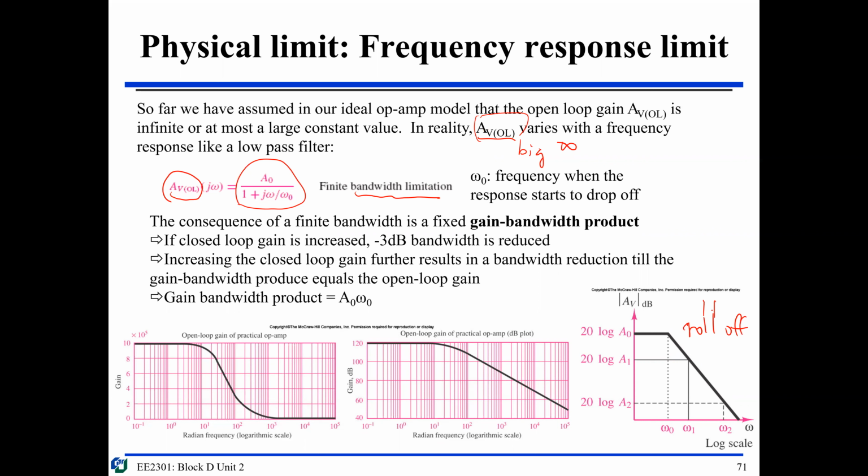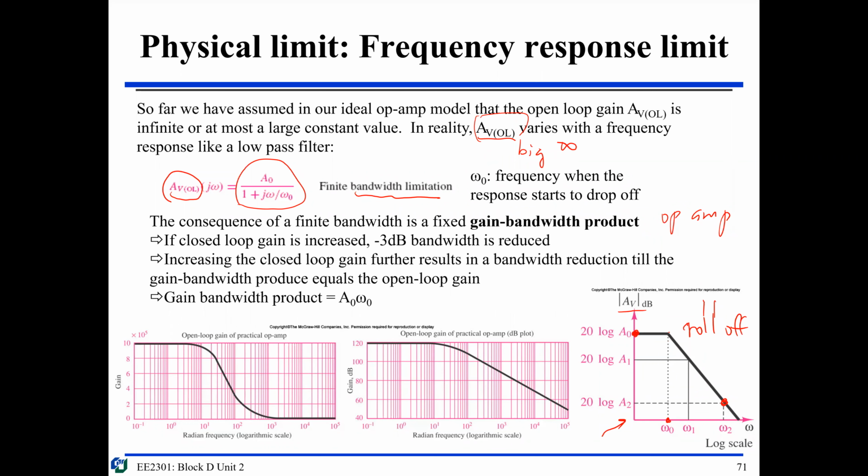Okay, will go down. When you buy a real op-amp, they will give you this figure to tell you that if your signal is too big, then the real open loop magnification will be small. Usually they are going to give you A0 times omega 0.